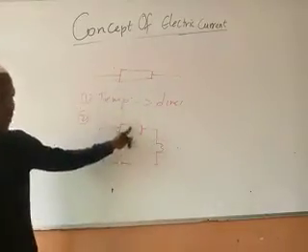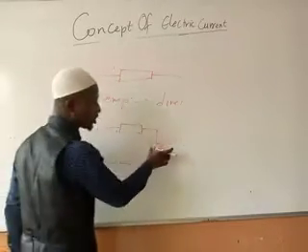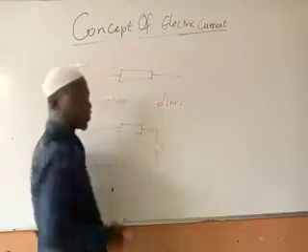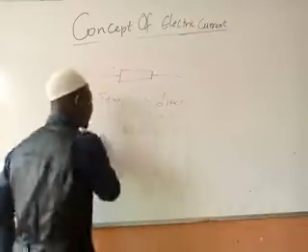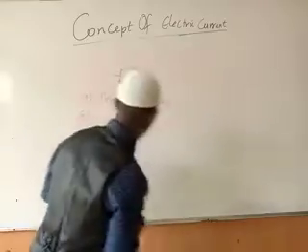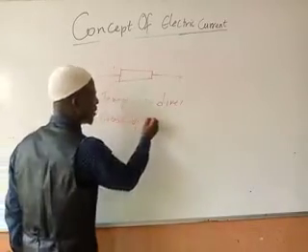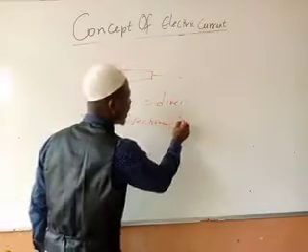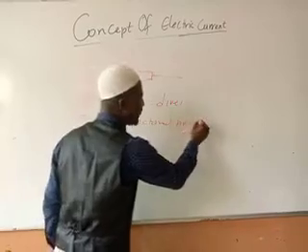So if you increase the temperature, you are increasing the resistance in the circuit. Automatically there is reduction in the brightness of the bulb. So another factor is cross-sectional area. Then this one varies inversely.